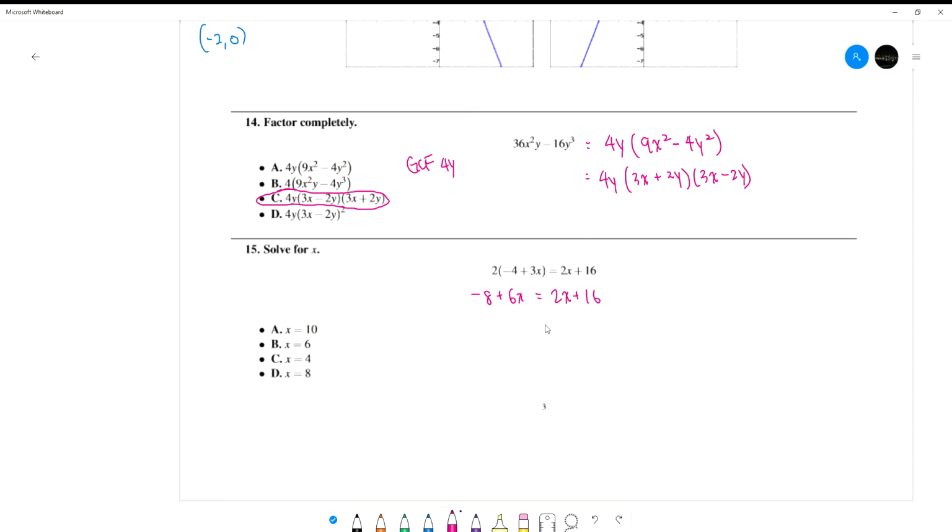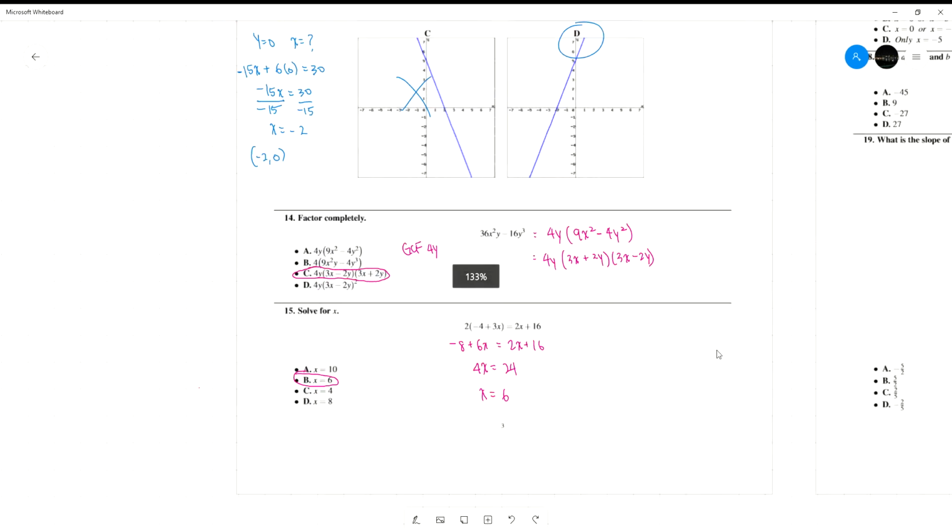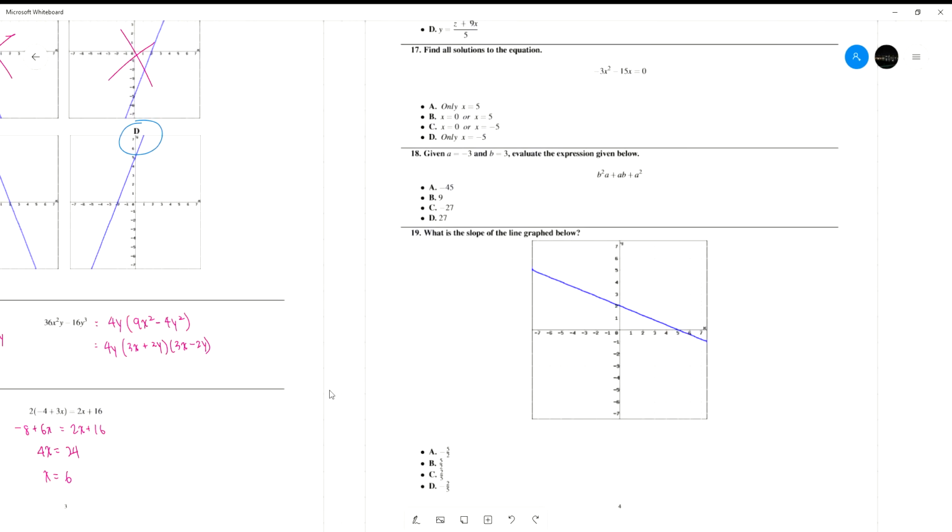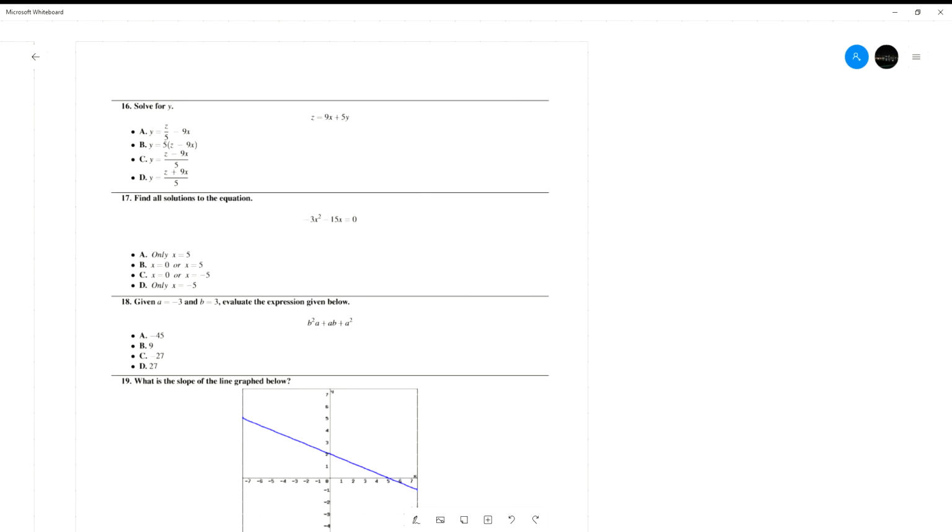So I'm going to subtract the 2x here, and I get 4x, and I'm going to add this 8 to both sides. And I get 16 plus 8 is 24. Divide both sides by 4, you get x is equal to 6. Answer B. Let's move on. Not many left here.